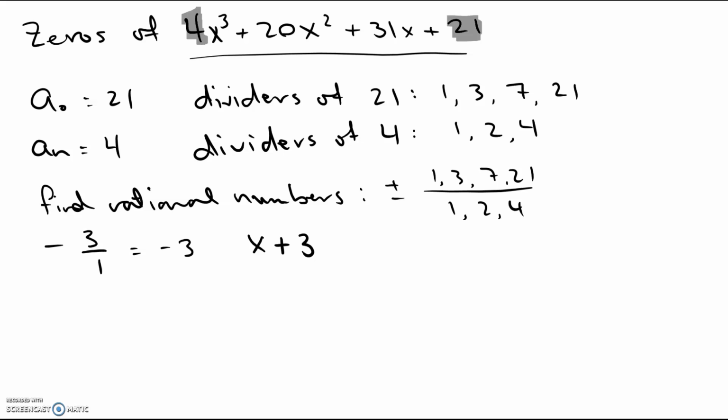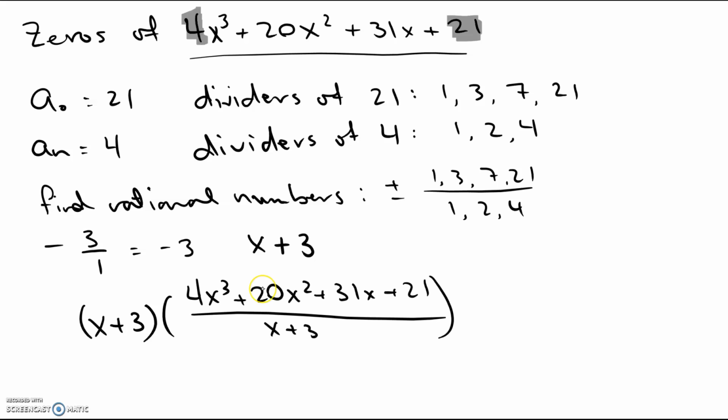So I'm essentially dividing out this entire polynomial, the 4x squared, divided by x minus 3. Now you can use synthetic division, and what you would get is 4x squared plus 8x plus 7.